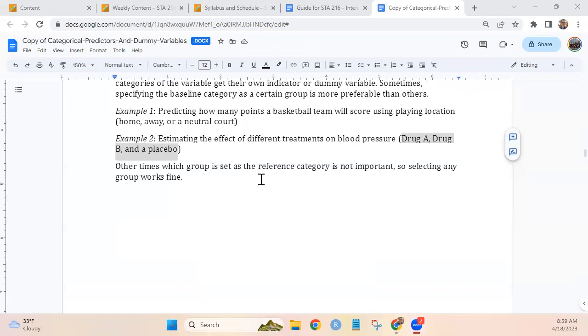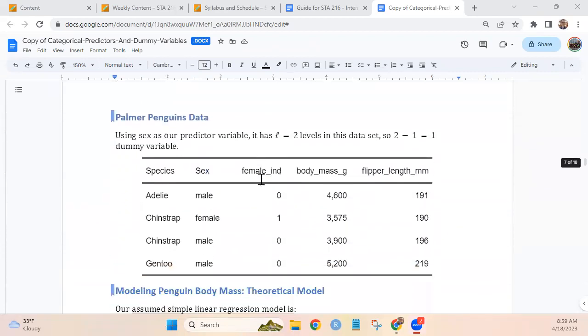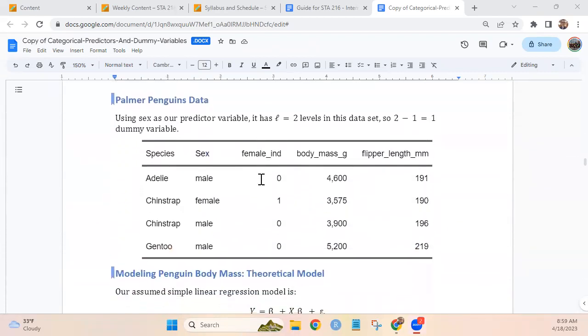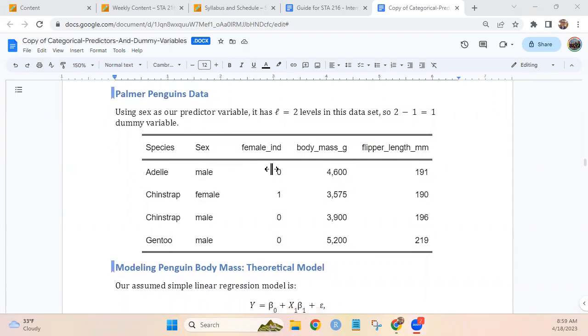So people do still use one-way ANOVA a lot in practice, but also some people just use regression because it can be easier to control for other factors like demographic characteristics about patients or things like that. So we'll just start with a simple example here where we're looking at encoding the sex of the penguin as a dummy variable to use in a model to predict their body mass.